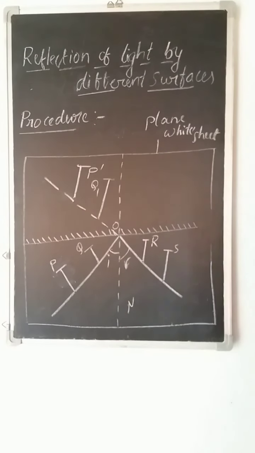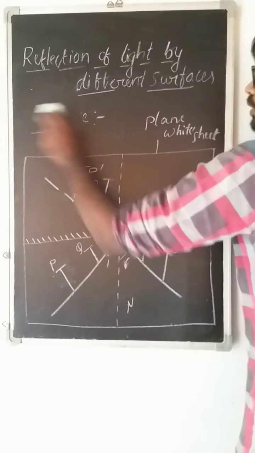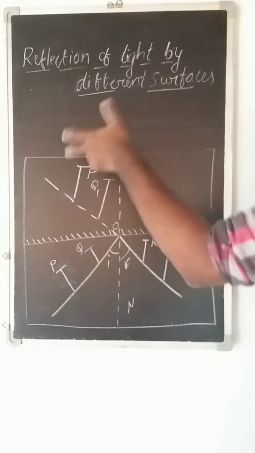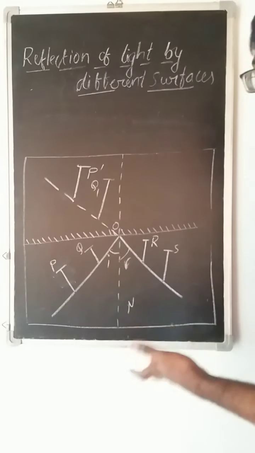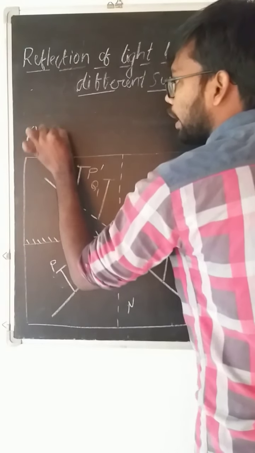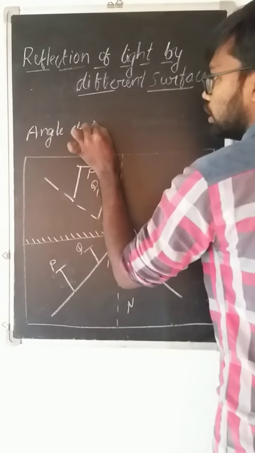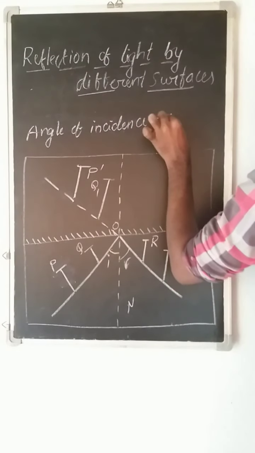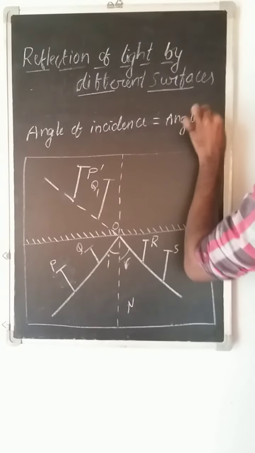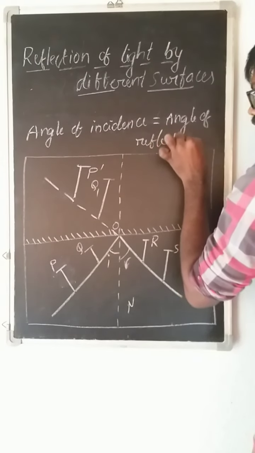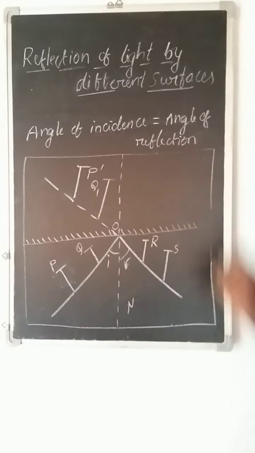Now we already know that from Snell's law, angles will be formed like this. This is the reflection of light on plane mirrors. The angle of incidence is equal to the angle of reflection.